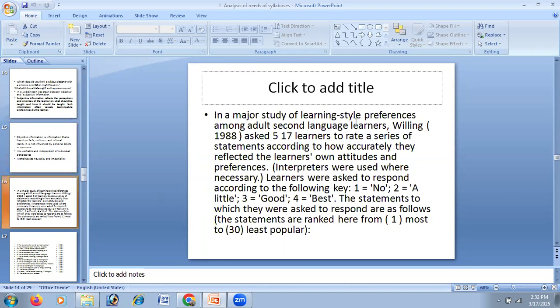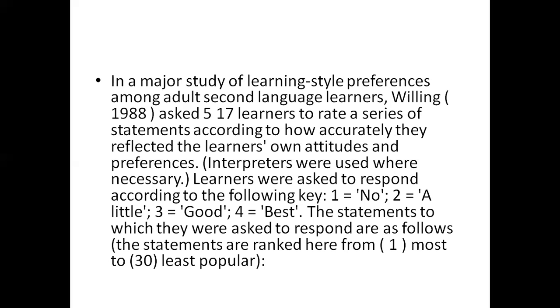So in a major study, learning style preferences among adult second language learners, Willing, 1988, asked 570 learners to rate a series of statements according to how accurately they reflected the learner's own attitude and preferences.